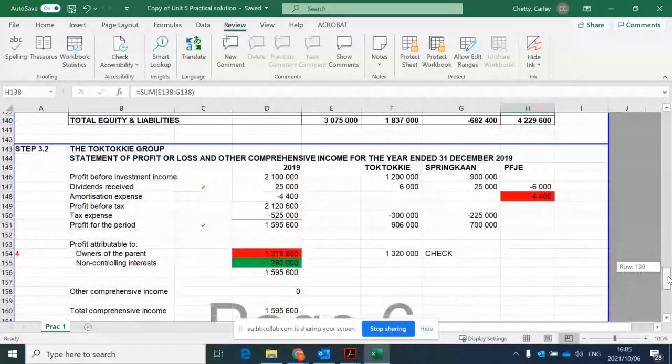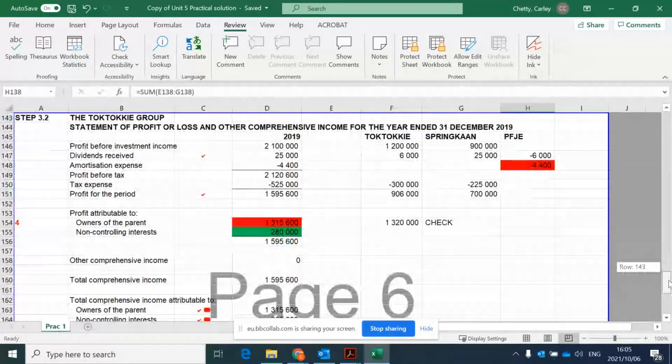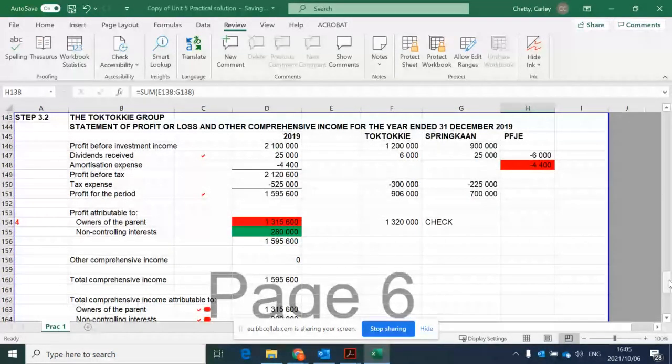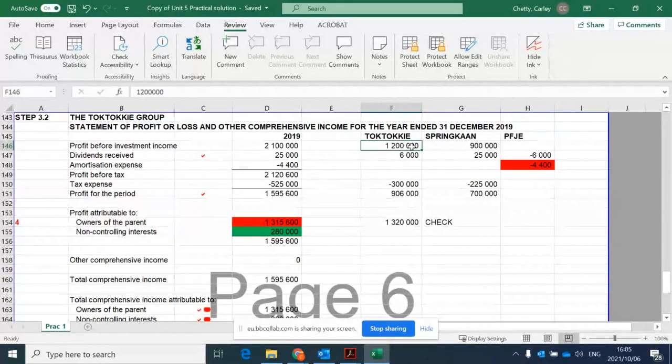So here we have the statement of profit or loss and other comprehensive income. The working is on the side here. These figures all come from the information they told us in the scenario. So profit before investment income, here we are simply adding Tok Toki and Spring Khan.